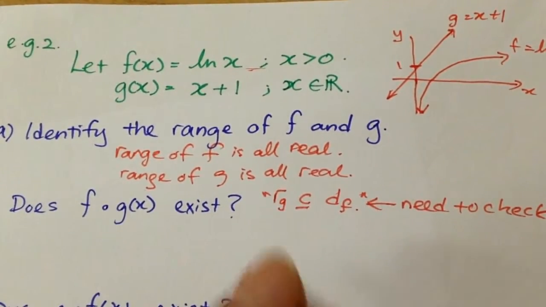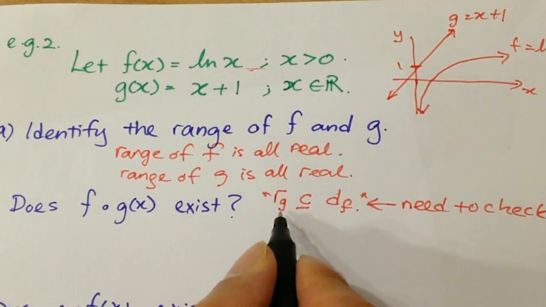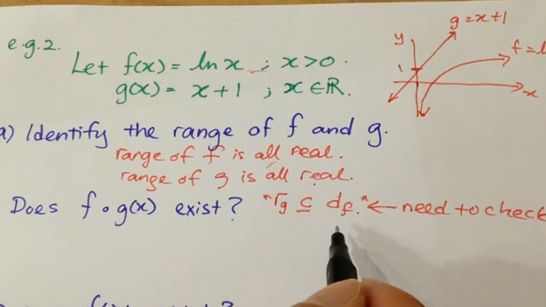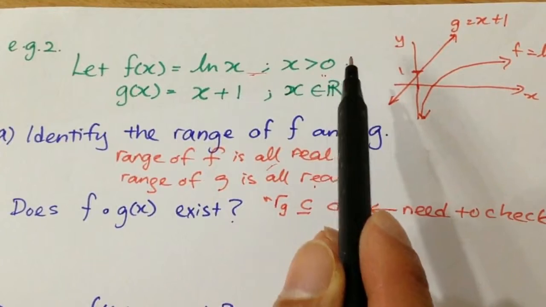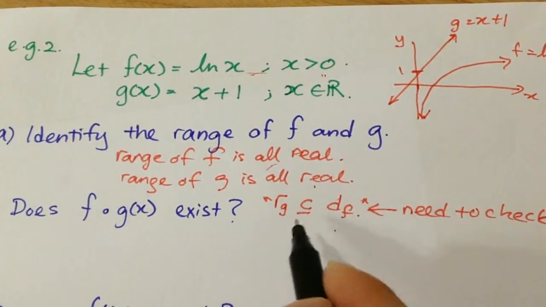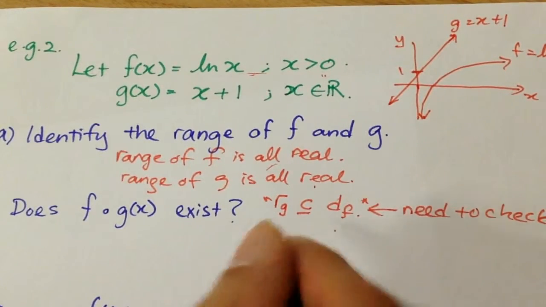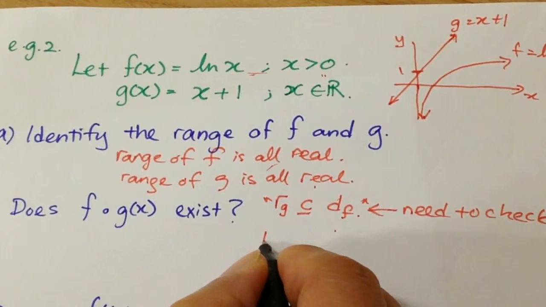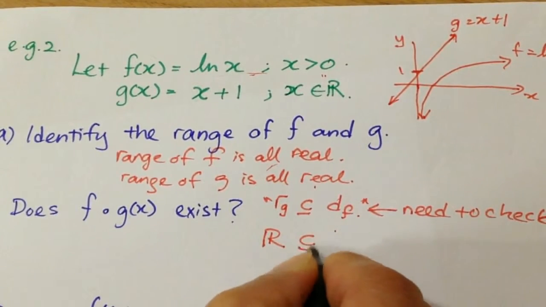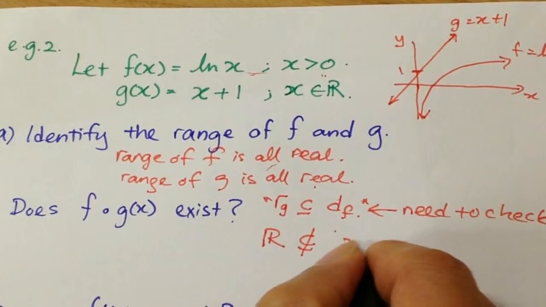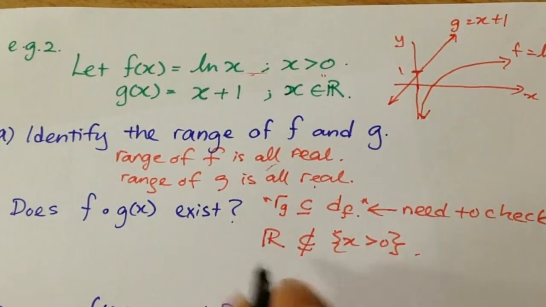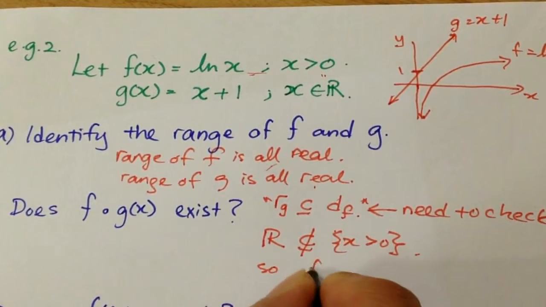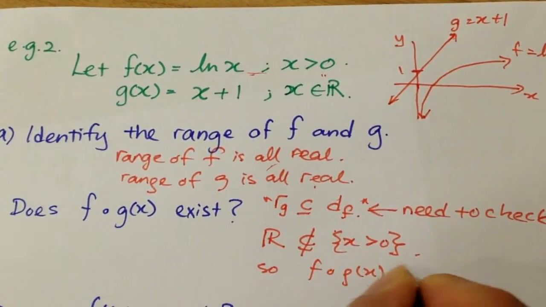So since the range of g is all real numbers and the domain of f is only x greater than 0, then obviously the range of g, which is real, is not a subset of x greater than 0. So in this case, f of g of x does not exist.